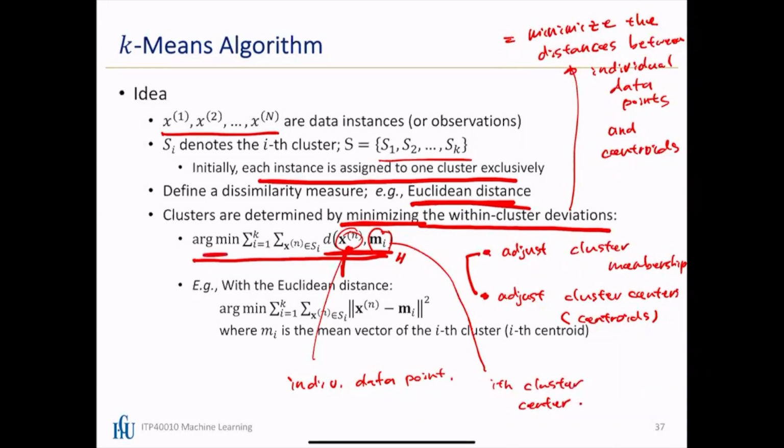You take the summation according to the cluster membership, and you go over all k different clusters. If your choice of distance metric is Euclidean distance, you can rewrite the above notation in this form. So this is with Euclidean distance. So this is the idea.